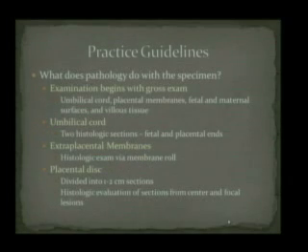So what does pathology do with this specimen? This is just very quick. Dr. Aufman's going to go through this in much more detail than I can, and he actually knows what they do. So the examination begins with a gross exam. They look at the umbilical cord, the membranes, both sides, and the tissue in between, and see if it's normal. If there are any abnormal findings, they do these other exams. So they'll look at the umbilical cord in histologic sections.